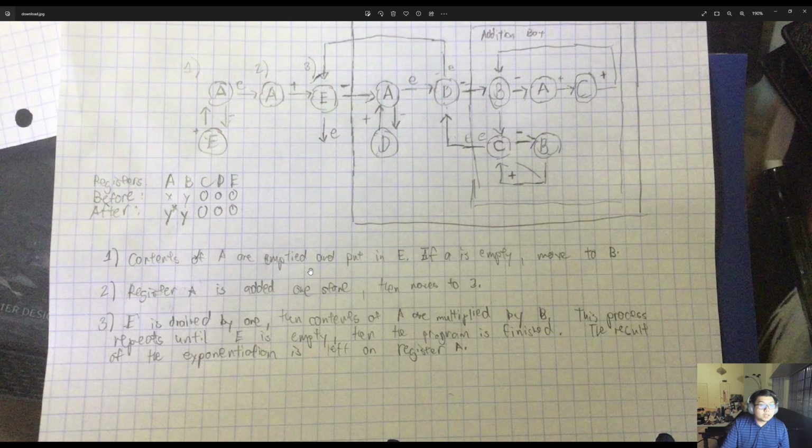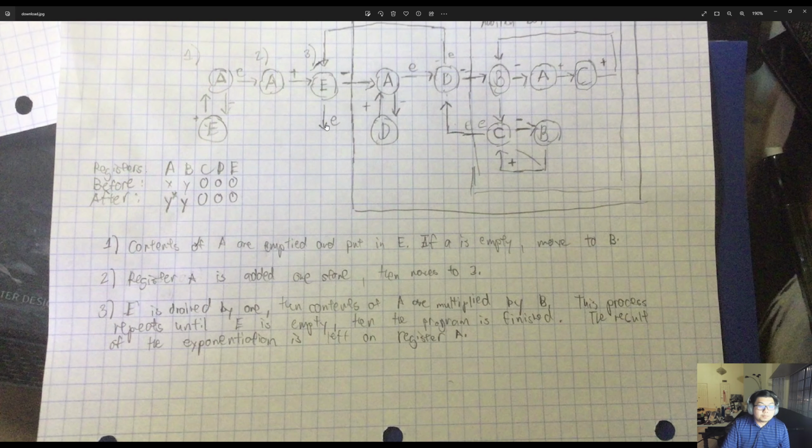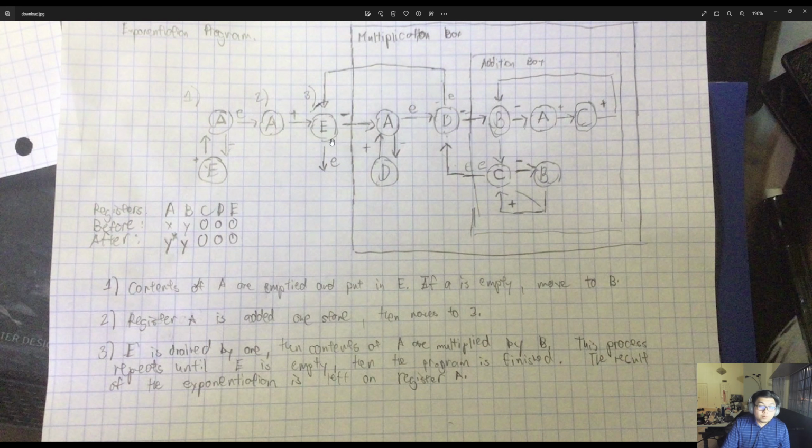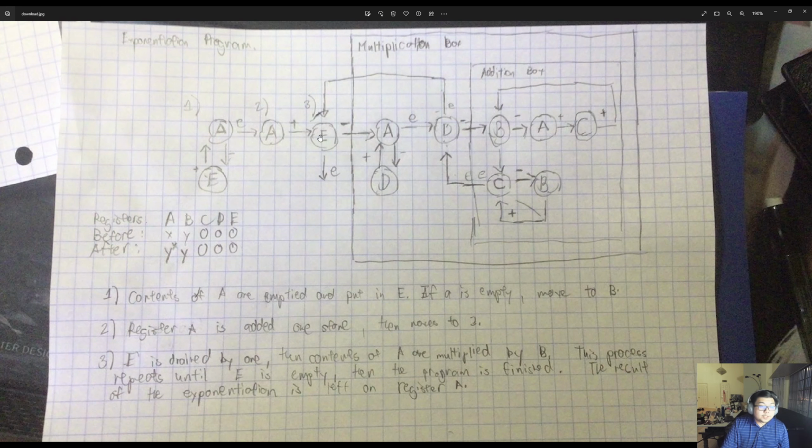And so for part 3, register E, which contained the contents of register A prior, is now deducted 1 stone, and when it's deducted 1 stone, the process goes to the multiplication box.